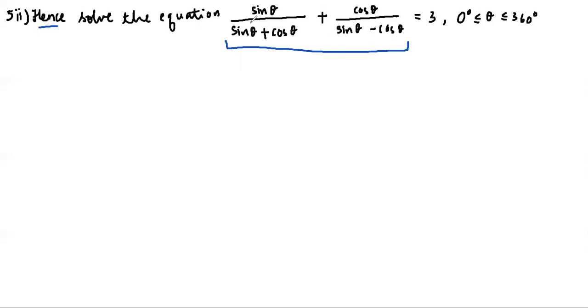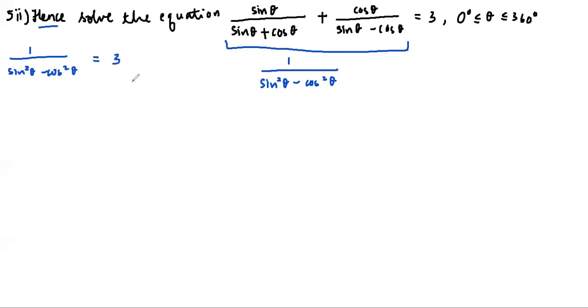From the first part, this left side of the equation you were asked to prove is actually the reciprocal of sine square minus cosine square. So we are going to replace the left side by the reciprocal of sine square minus cosine square. The equation becomes the reciprocal of sine square minus cosine square, and that is 3.